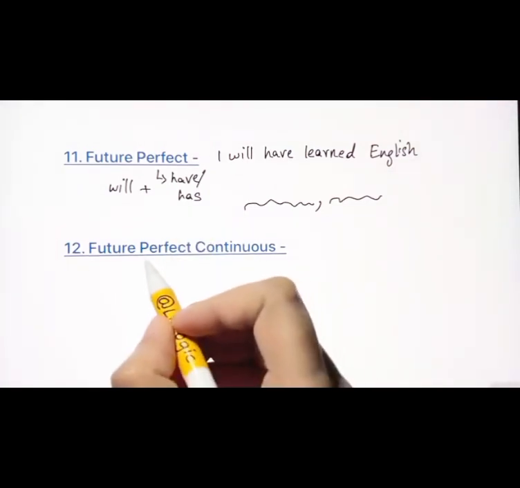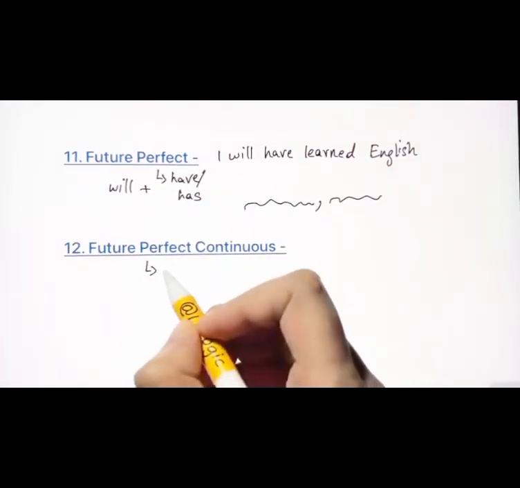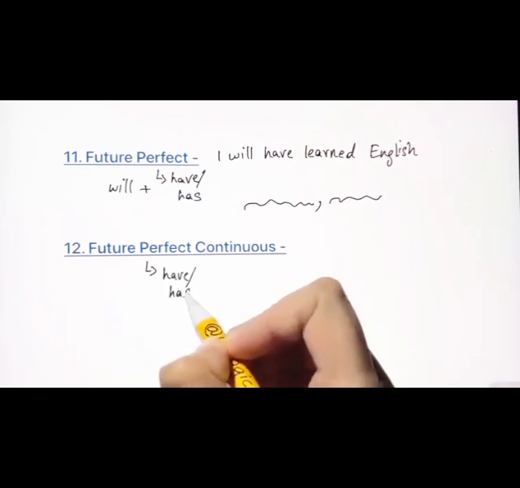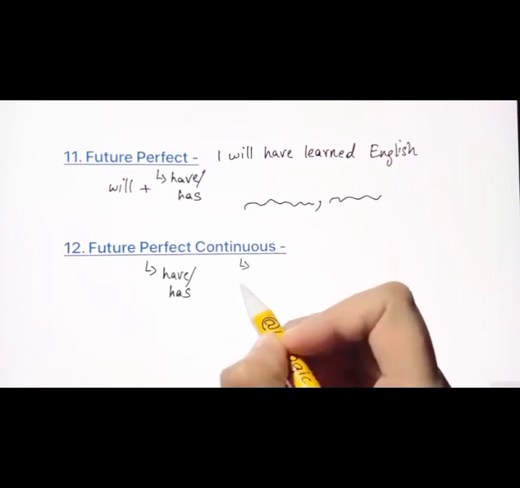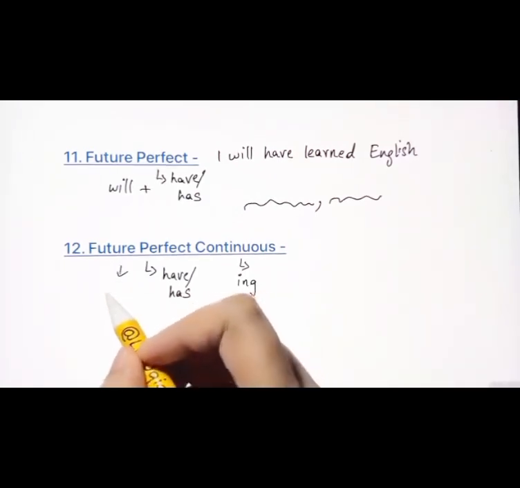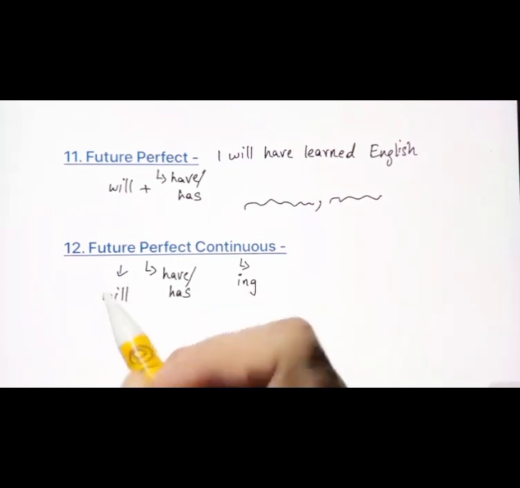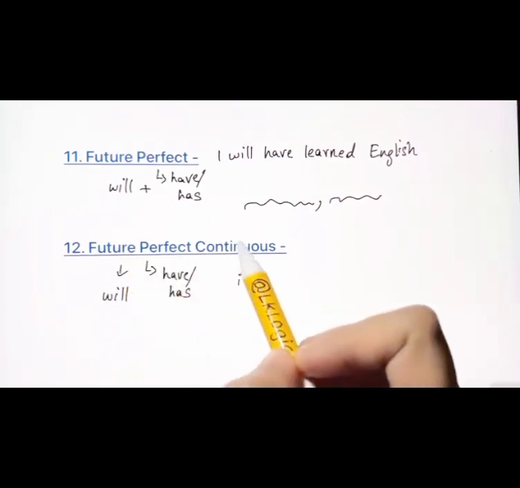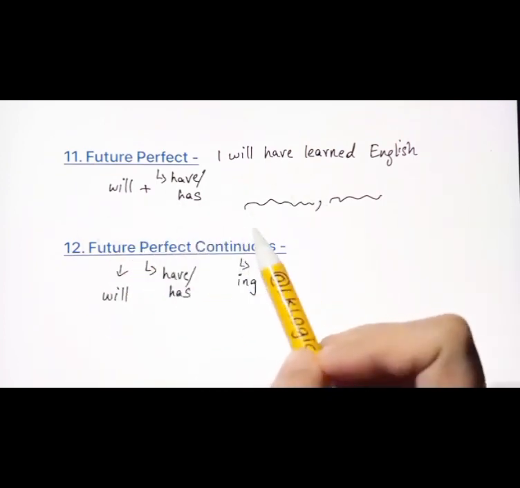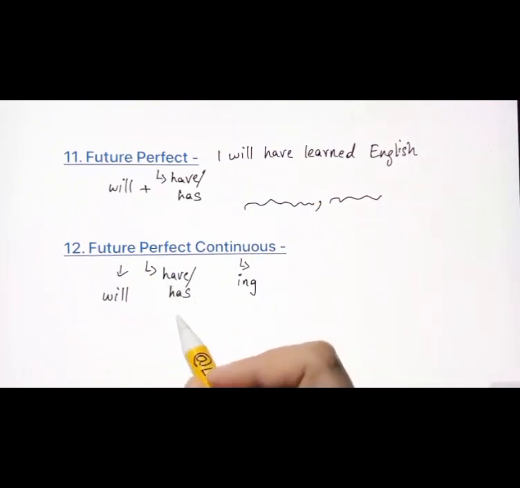The last one is future perfect continuous. So as you have perfect, what are you going to use? Have or has. As you have continuous, you will be using the ing form of the verb. And as it is future, you are going to add will to that. Now you have seen we have done present perfect continuous and past perfect continuous. We added one more helping verb. There are two helping verbs. So what is the second one? Been.